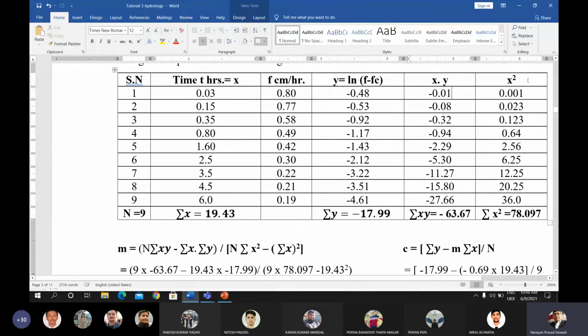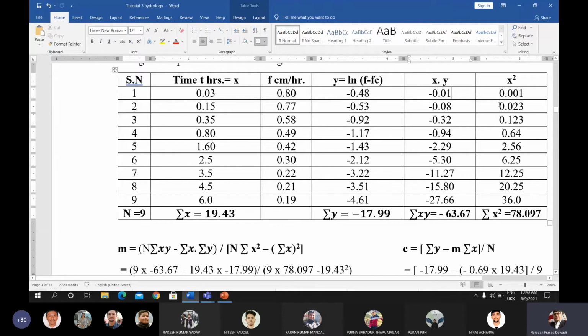We need the x square data also, and the x square is 0.03 square, which gives the value of 0.0009, and that can be rounded, with the last digit taken as 1, so this value will be 0.001. 0.15 square gives the value of 0.0225, which becomes 0.023.